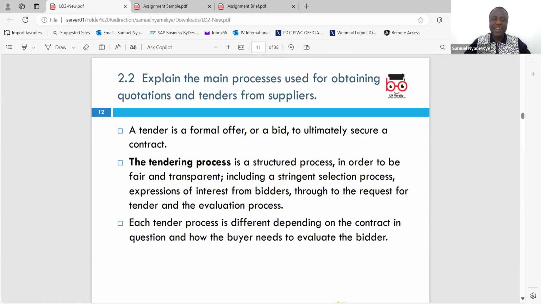When you eventually identify your need, how do you get quotations? When we say quotations, I don't know whether you've come across the word quotation and what your understanding is. What is a quotation?